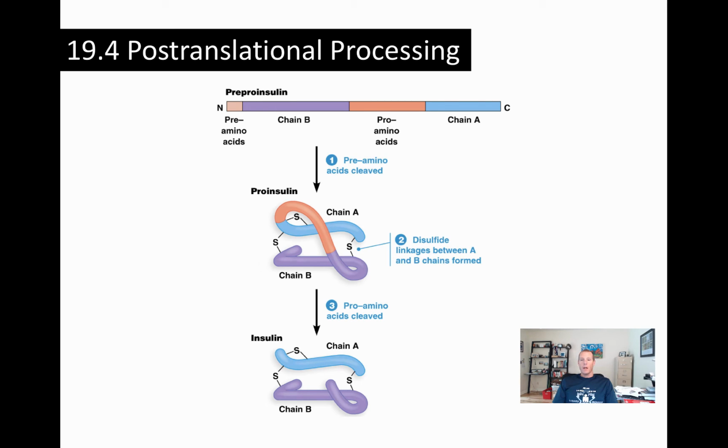Sometimes you will find whole blocks of amino acids being removed from the polypeptide. For example, certain enzymes are synthesized as zymogens, and that generally causes them to be inactive, and then they're activated by the removal of certain protein sequences.